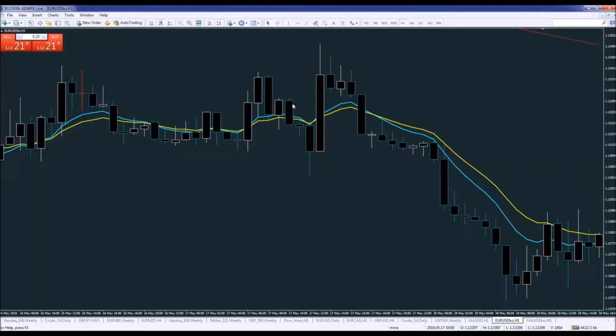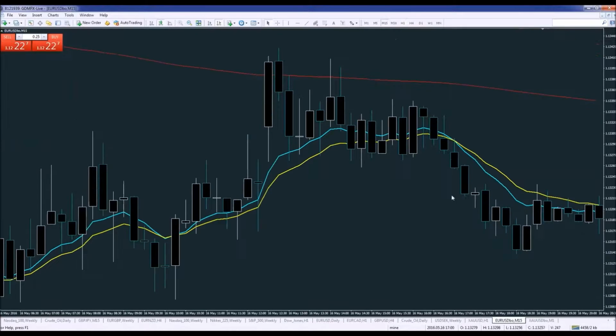Now, we can see here that the lag of this moving average crossover is extreme, at least 1 to 2 candles. That means, talking about 1 hour chart, that's 1 to 2 hours. And we cannot allow ourselves to trade against the trend or in a sideways direction with crossovers of moving averages in such conditions.